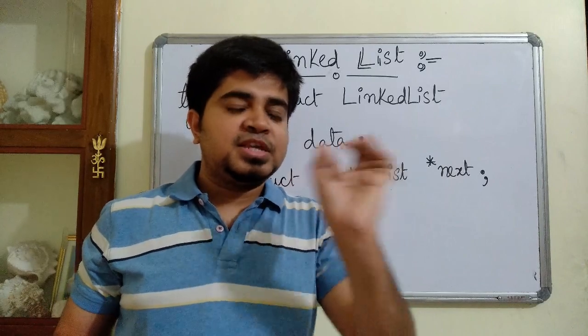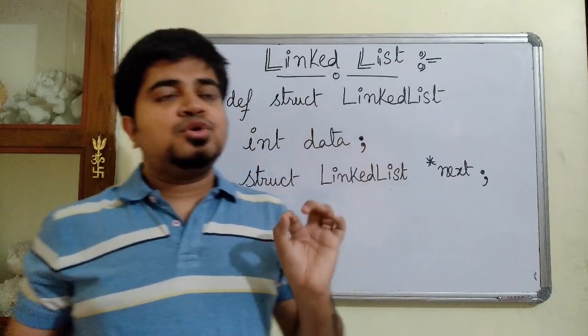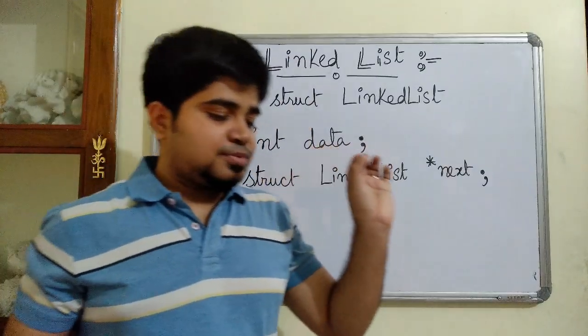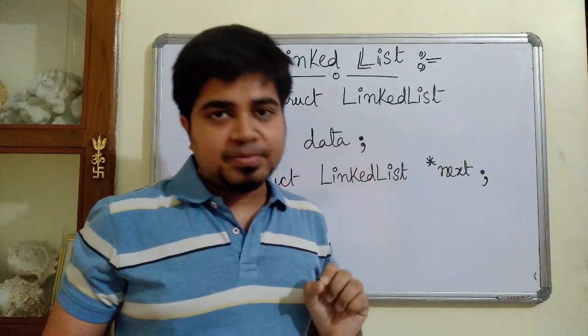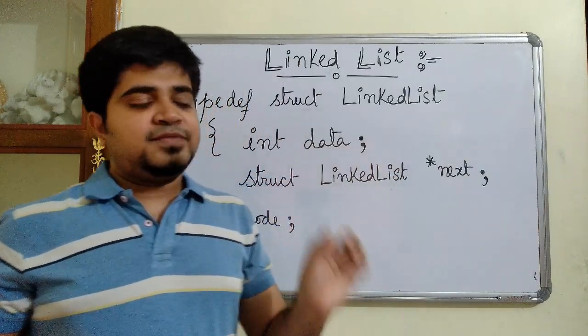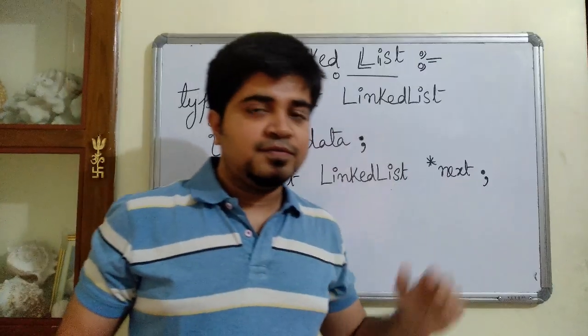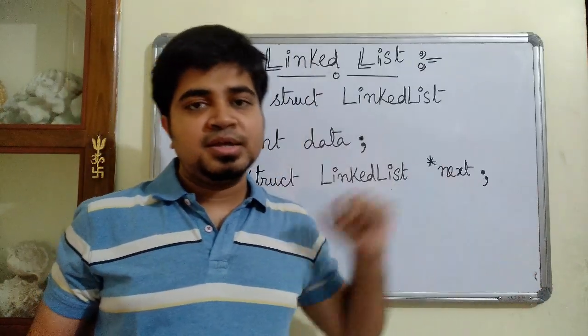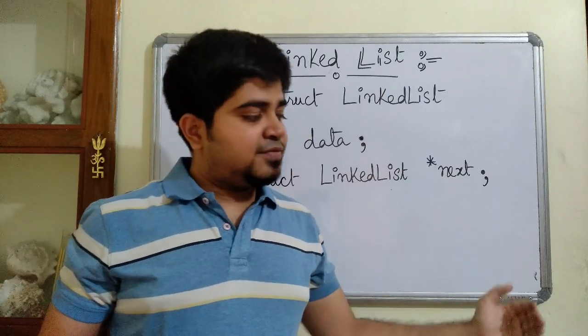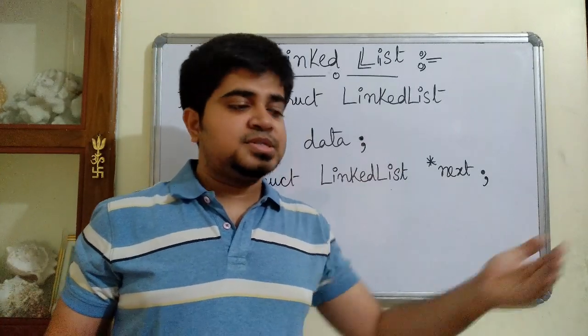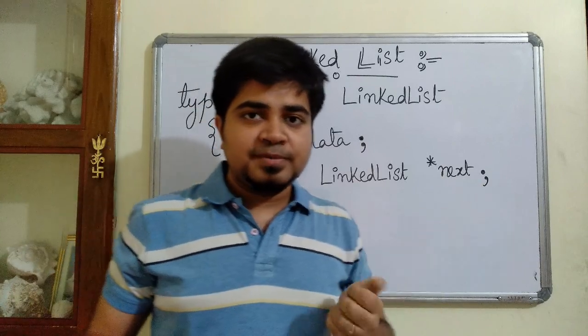An example I will give you. Say suppose we go to a doctor's appointment. Over there we write the name that this person will be the first one to go and get the checkup done. Then we have the second person, then we have the third person, like that all the names are written.